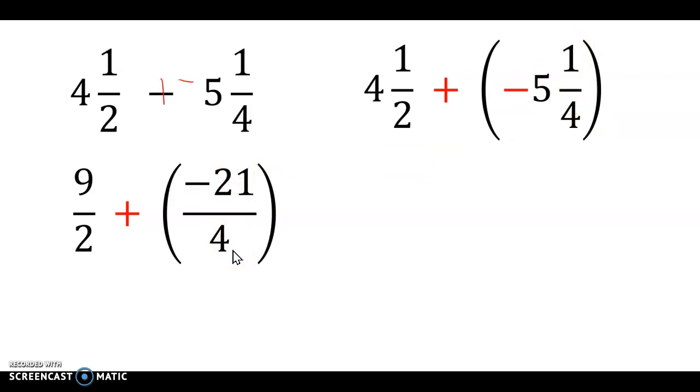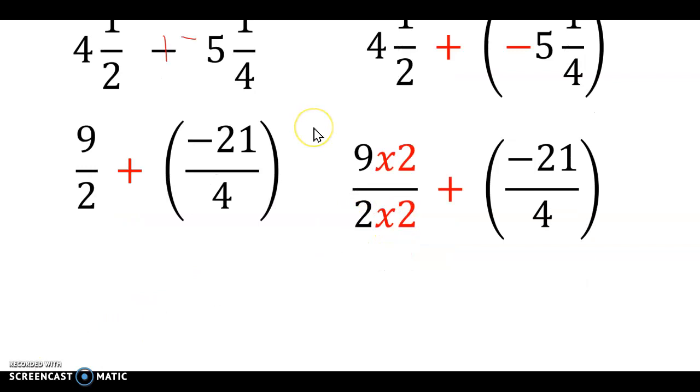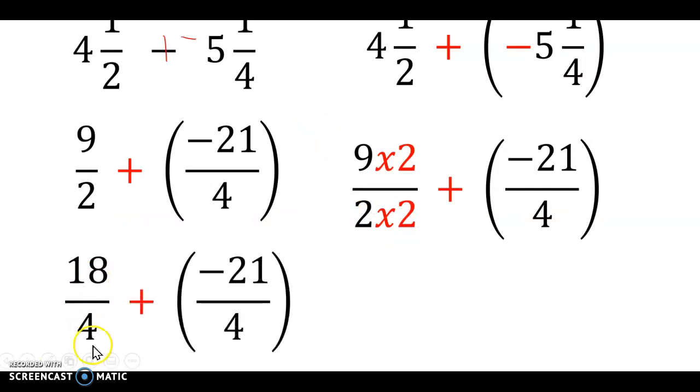Then you got to find a common denominator for 2 and 4, which is 4. So we end up with 18 over 4 plus negative 21 over 4.